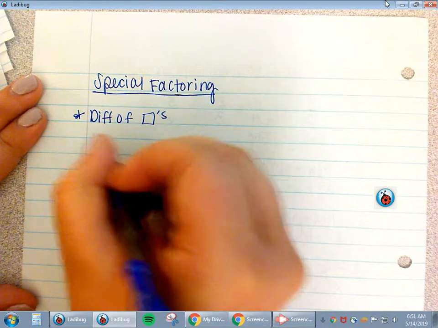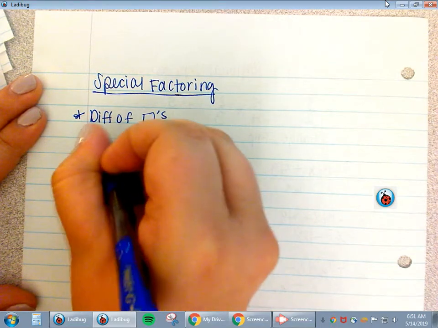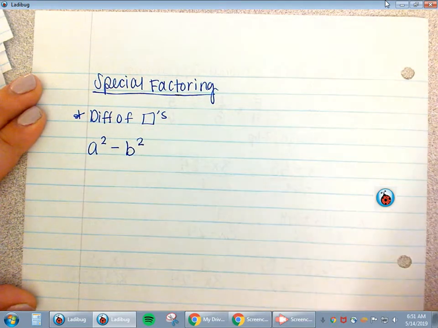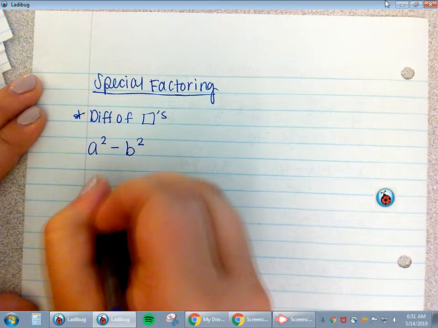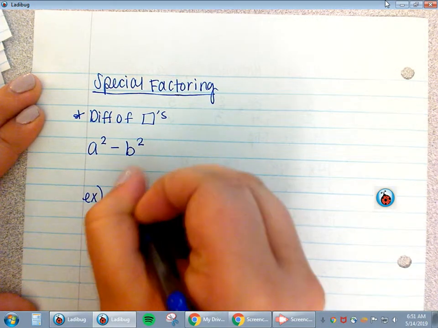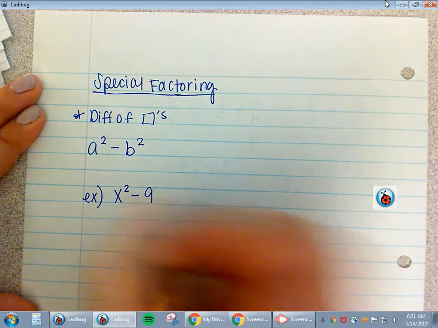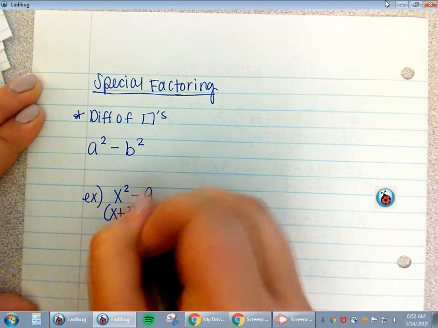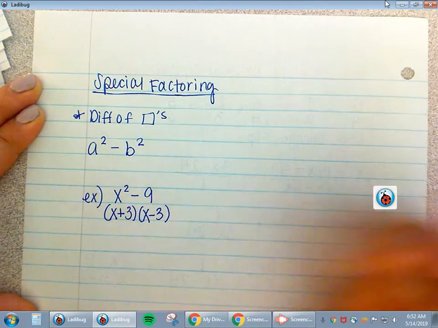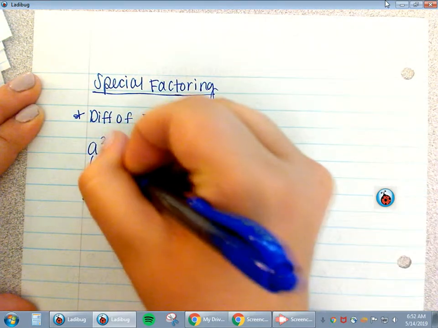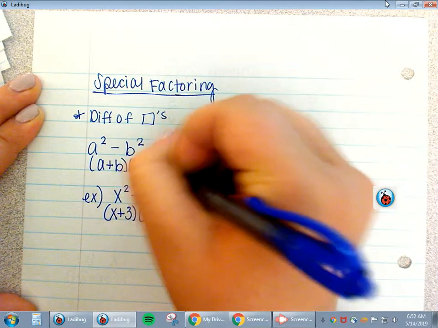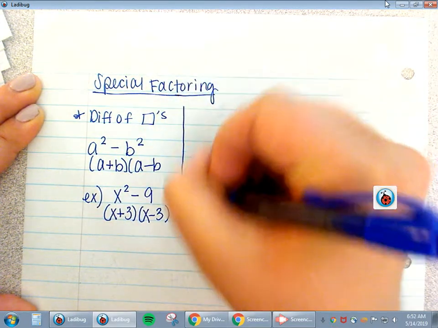So for example, the setup is a squared minus b squared. And an example of that would be if I had x squared minus 9. This would factor into being x plus 3, x minus 3. So in the formal way, it'd be a plus b, a minus b. So there's one of them.